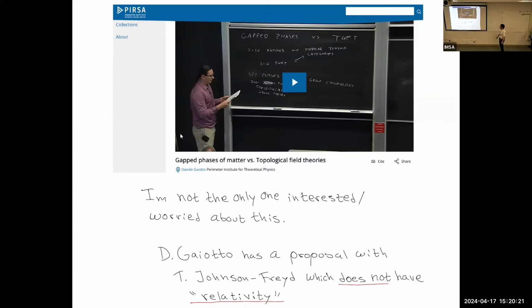No, I think he's a bit more optimistic than me. However, he does say, well, why things like the fermion structure, the pin structure, or the spin structure of a manifold should be relevant for this classification. Okay, and he says in this talk, I mean, he says many things, but one of them he says is, well, these things might start to diverge, right? These things might not be equal to this.